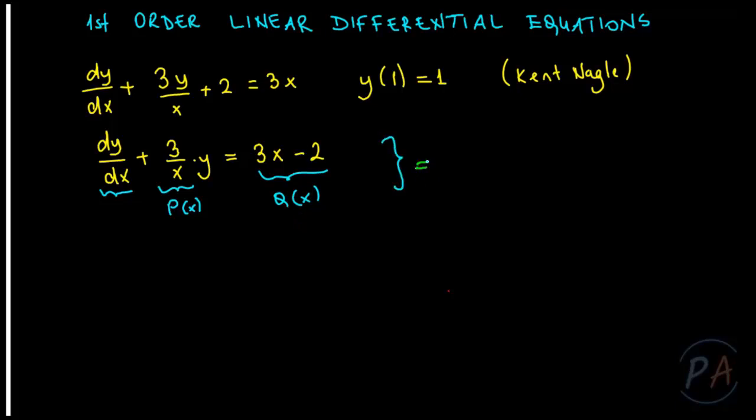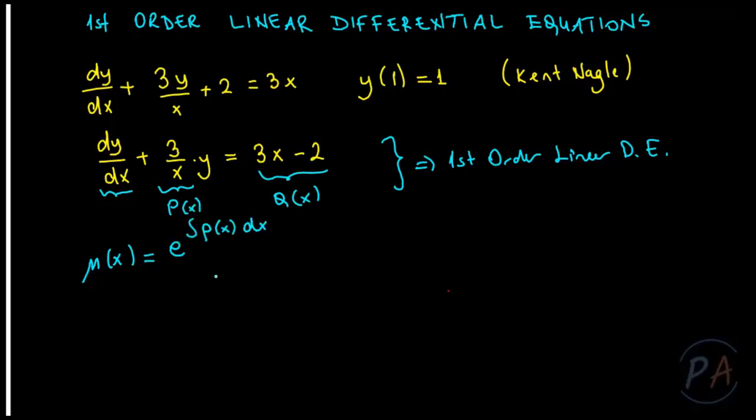Thus this equation is a first order linear differential equation, and we are going to solve it by using the integrating factor method. We know that the integrating factor mu of x equals exponential integral of p of x with respect to x.